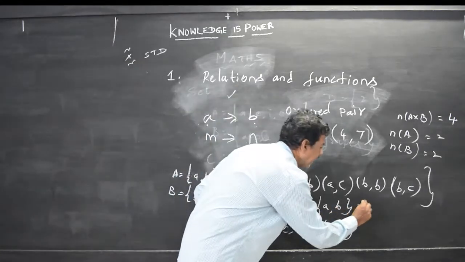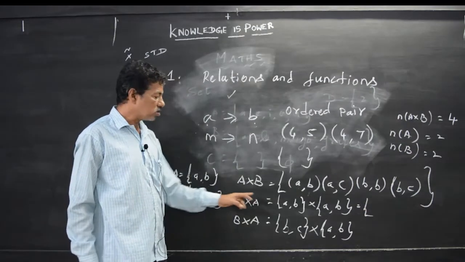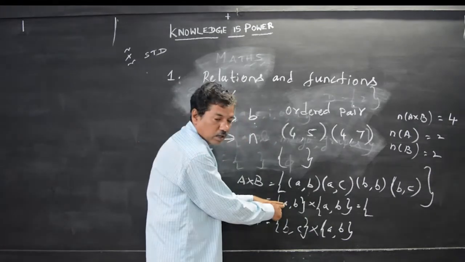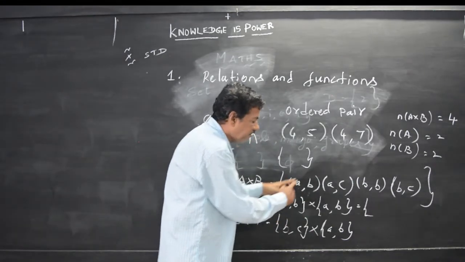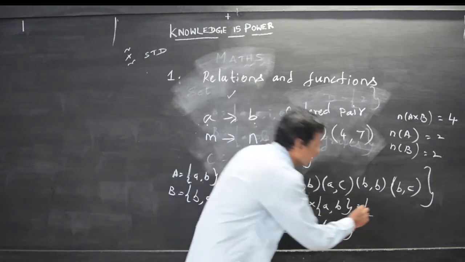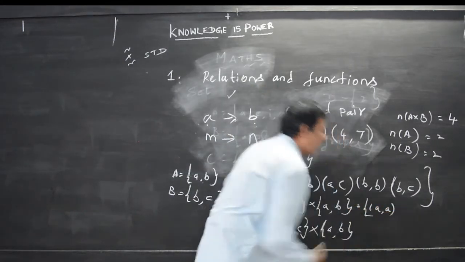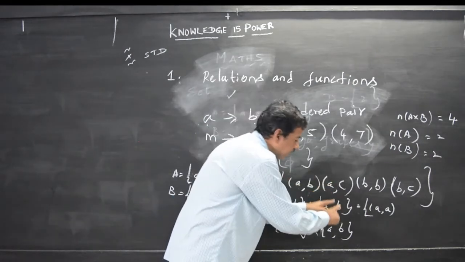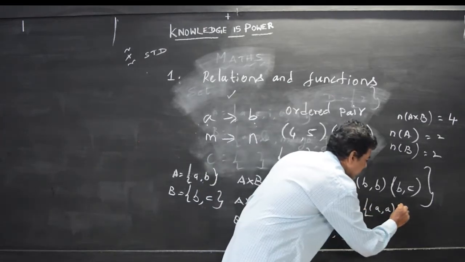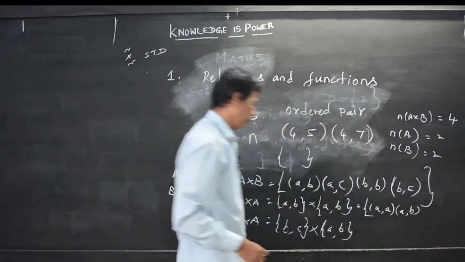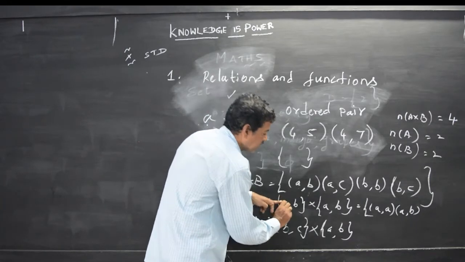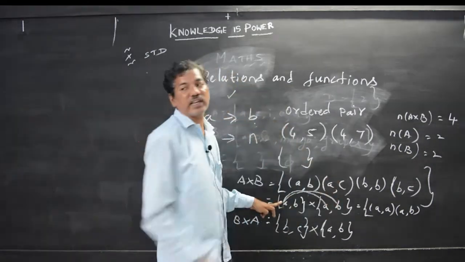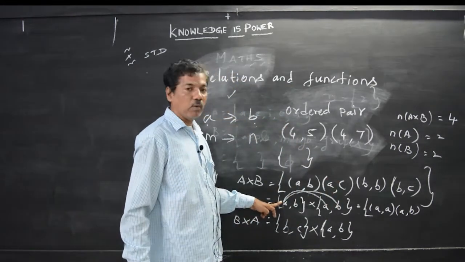For A cross A, what will we get? A comma A: first element in the first set, first element in the second set. Then A comma B: first element in the first set, second element in the second set. Can you understand now?